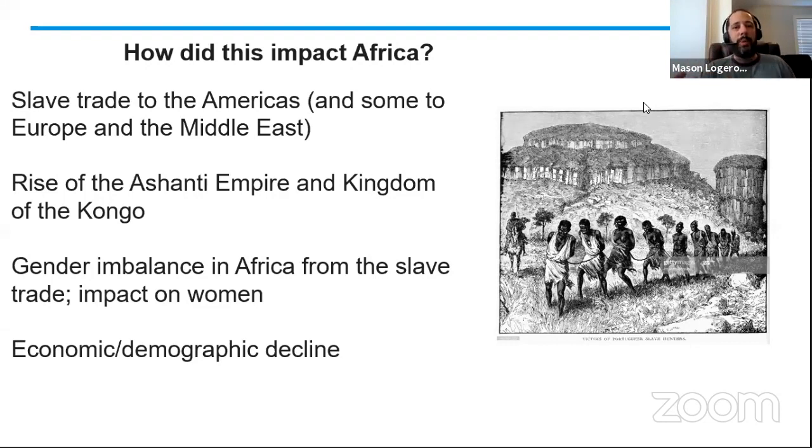And then you've got to consider with population, these are young men and women who would have stayed and had kids. So you're missing out on the possible kids that were born, and the kids of those kids, and the kids of those kids, on through the generations. So it has a huge negative economic and demographic impact on Africa, especially in West Africa.